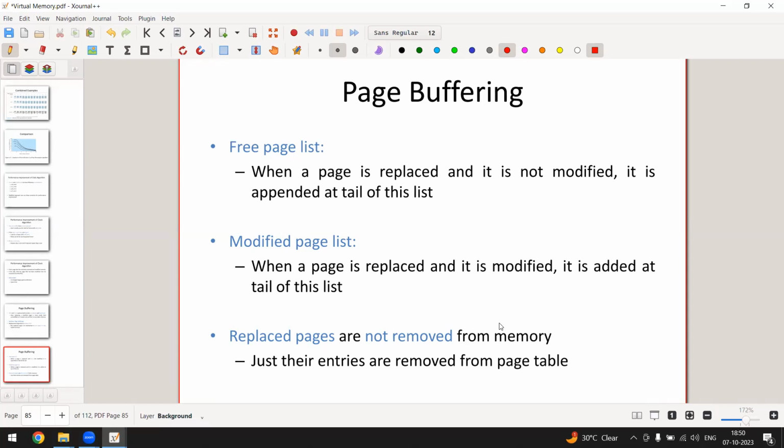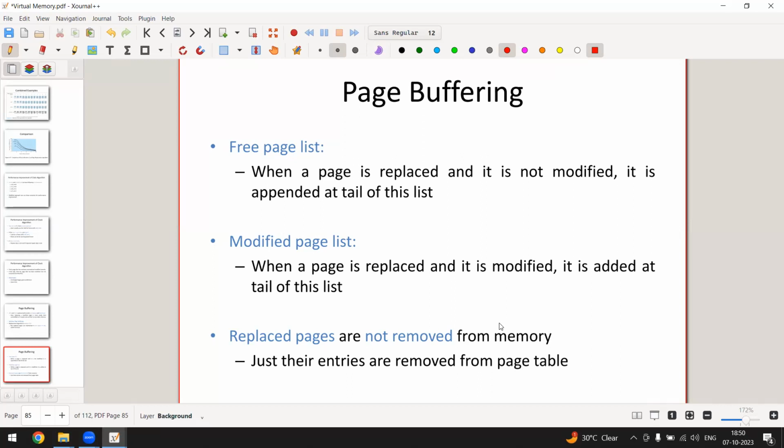However, the second type of list is more crucial, that is the modified page list. When a page that was replaced has been modified by the user, its data is modified, then it goes to the modified page list, and that kind of page is added at the tail of the list.